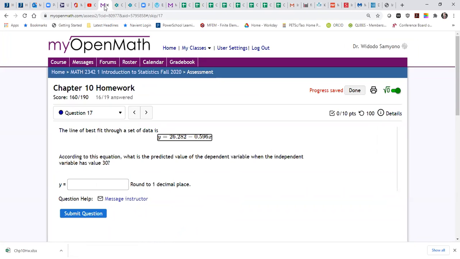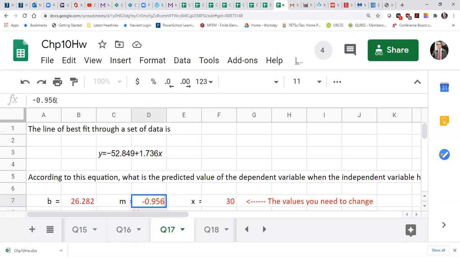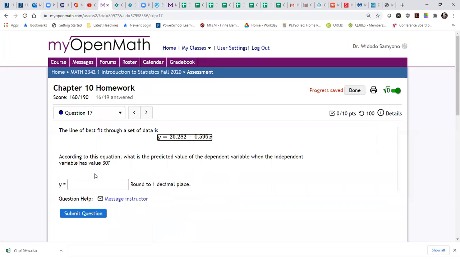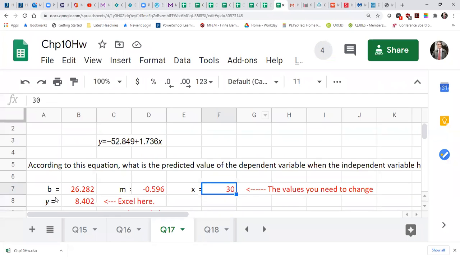And in this case, the X is 30. Luckily the same number here. So now the Y will be this one here.